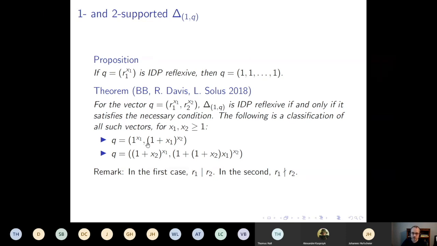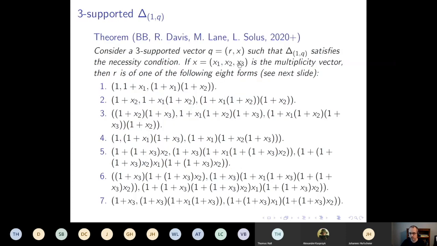So the dimension of these polytopes is the sum of the multiplicities. And so there's this distinction between being complicated from a dimensional perspective and being complicated from the perspective of the arithmetic. And what we're saying is that the dimension is much less important in these cases than the arithmetic of the weights.